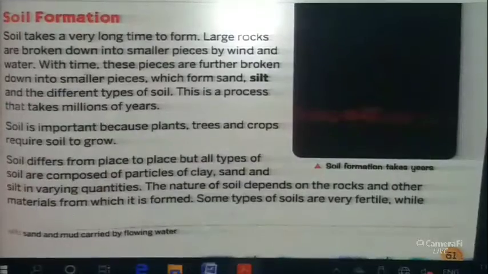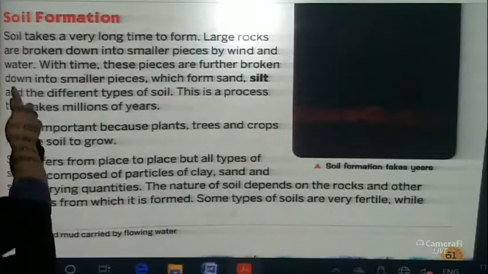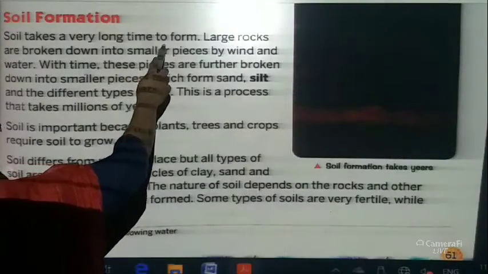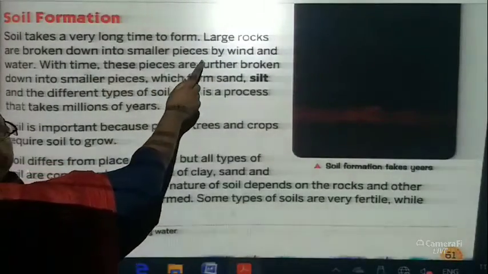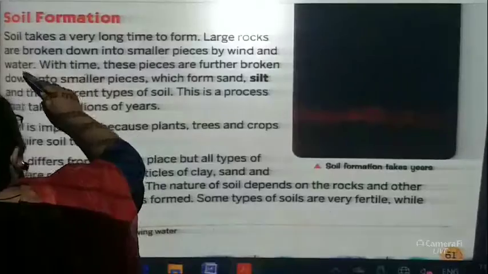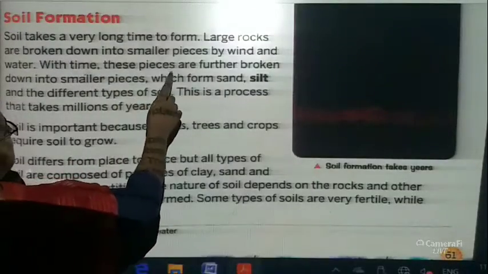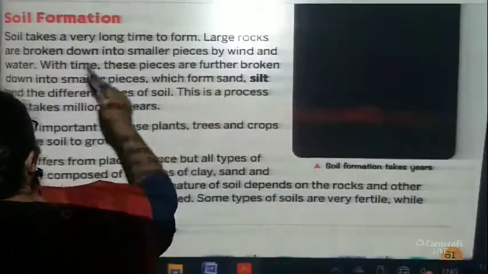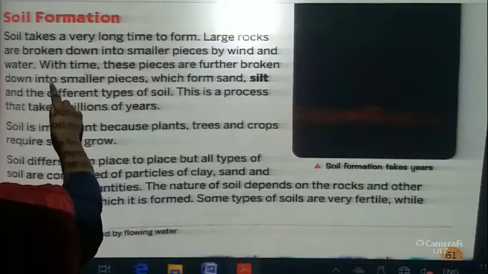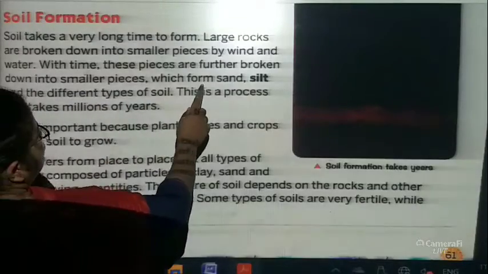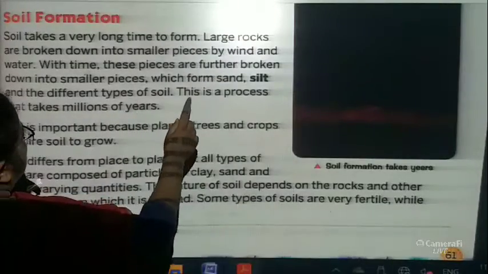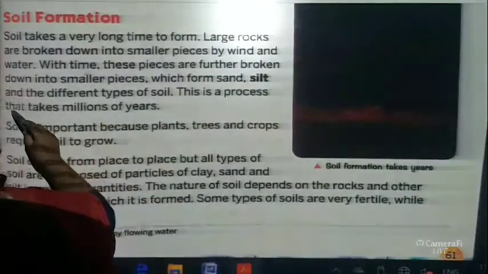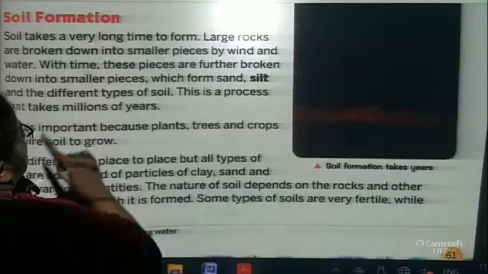Okay, soil formation. Soil takes a very long time to form. Large rocks are broken down into smaller pieces by wind and water. With time, these pieces are further broken down into small pieces which form sand, silt and different types of soil. This is a process that takes millions of years.